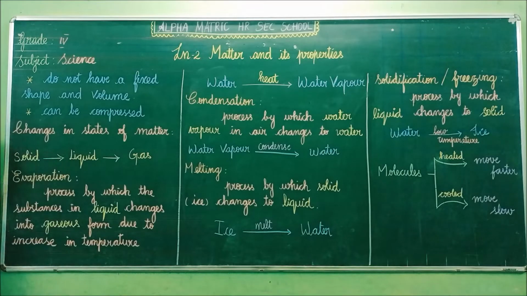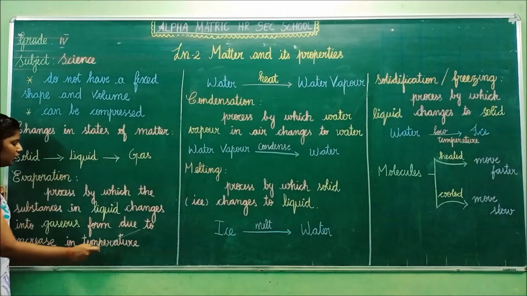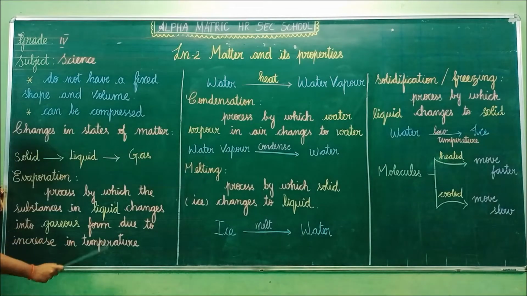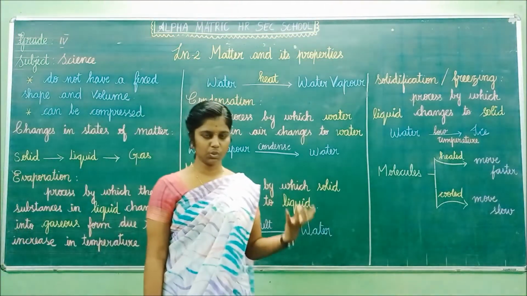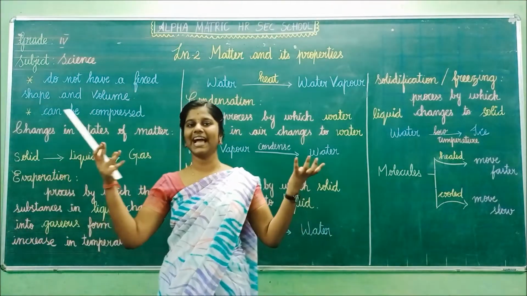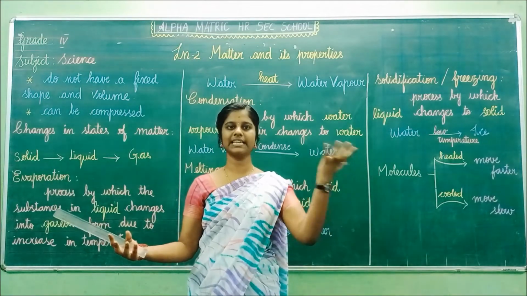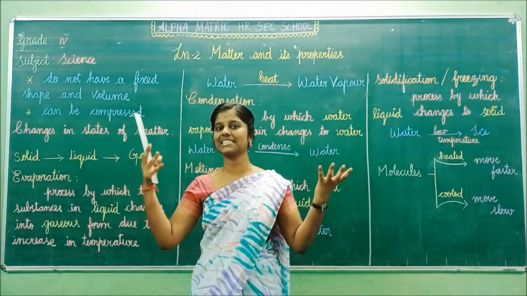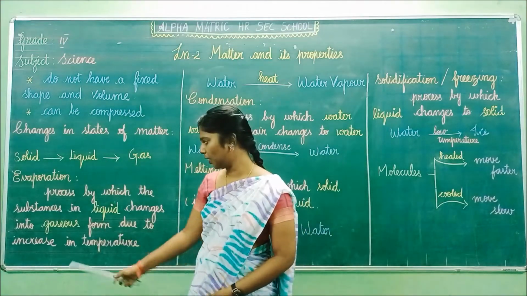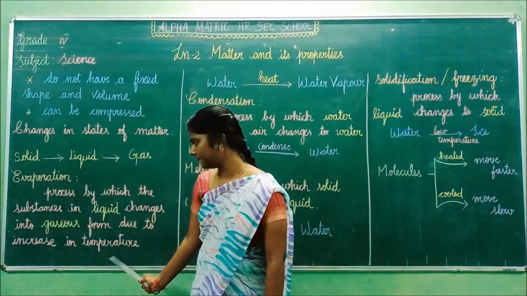I am once again repeating the definition. Evaporation is a process by which the substances in liquid change into gaseous form due to increasing temperature. So in the evaporation process, the liquid is changing to gaseous state. Substances in liquid state get changed into vapor, that is gaseous state. The main point is the increasing temperature.